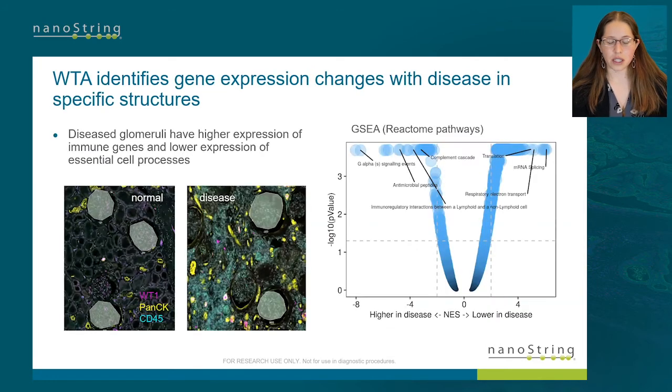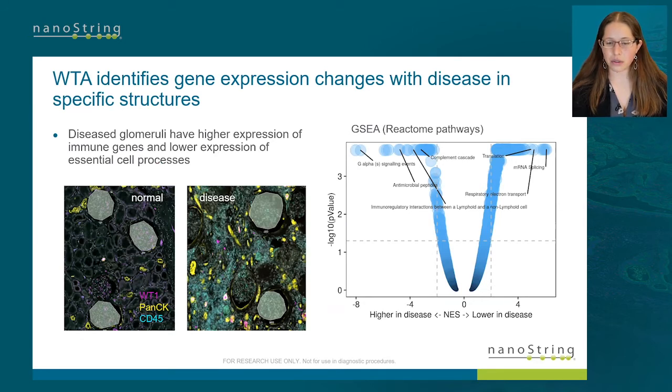So next we focused specifically on the glomeruli, and we asked what changes during disease. What I'm showing here on the right is pathway enrichment for genes that are differentially expressed just in glomeruli between normal and disease samples.